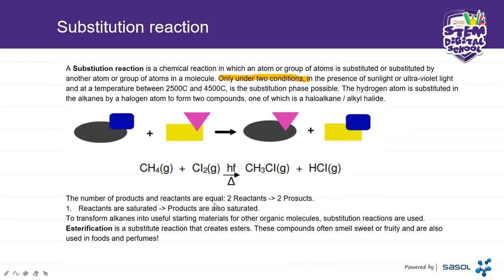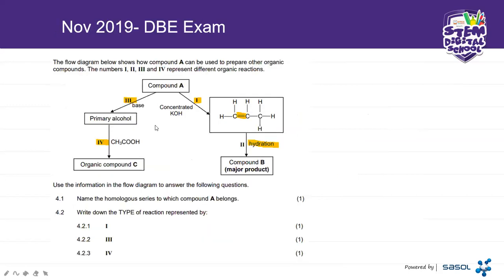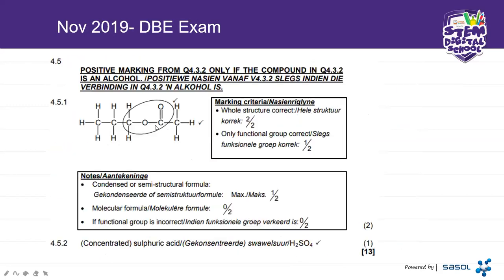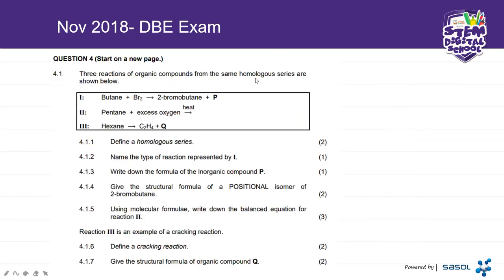If you have 2 reactants, you will have 2 products. Okay, so you have 2 reactants and 2 products. They might not be the same because they have swapped or replaced some of each other's positions. Okay, so that's why I say this one is a substitution reaction.